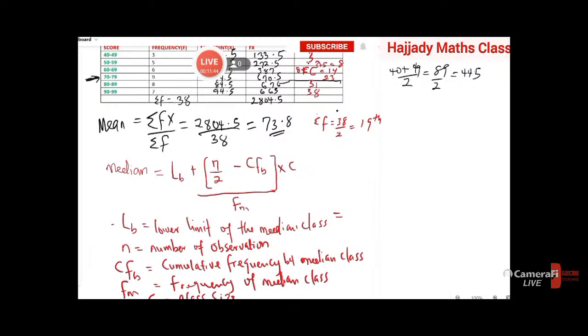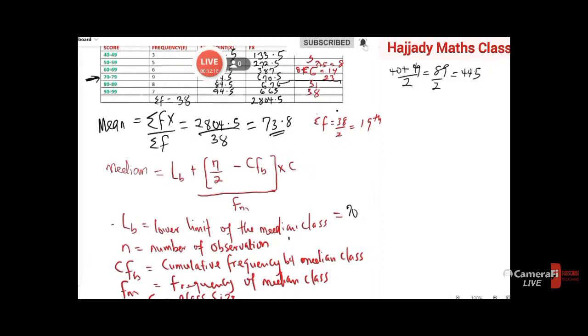So looking at this now, what is going to be our lower limit? Our lower limit is 70, while upper limit is 79. So our lower limit is 70, right? And our class size from 40 to 49: students often make the mistake of saying that 40 to 49 is 9. No. 40 to 49 is 10. We have 10 digits when you count from 40 to 49.